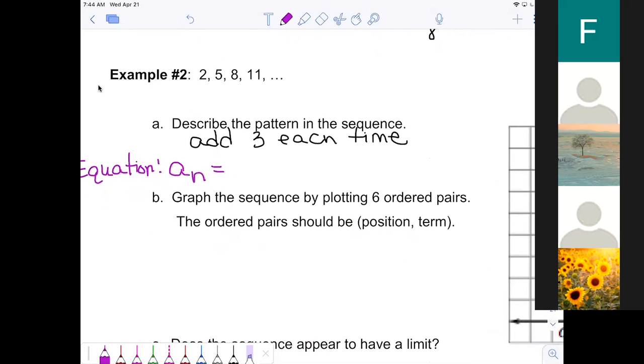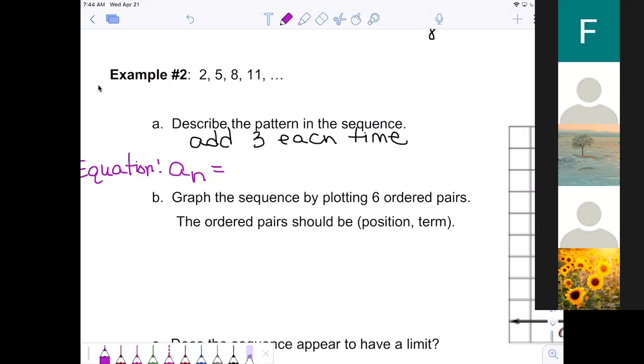A formula has to have a variable in it. So Jaden said you're adding 3 each time, or counting by threes. So I would continue to count by threes, starting with the number 2.